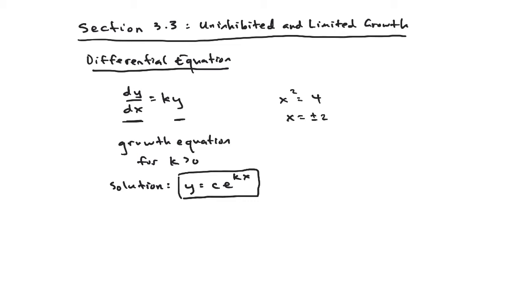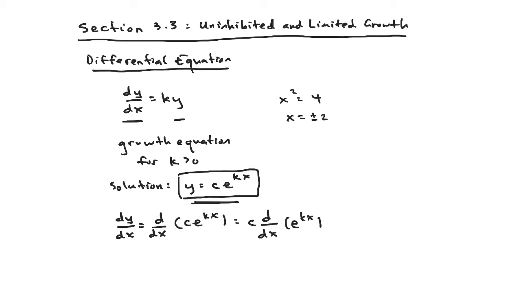We're not going to talk about why this is a proof of the equation, but we can show that this is indeed a solution. Let's say our function is y is equal to c times e to the kx. Then dy dx is equal to d dx of c times e to the kx, and we can pull the c out in front: c times d dx of e to the kx. From what we know about derivatives of exponential functions, this derivative is k times e to the kx.